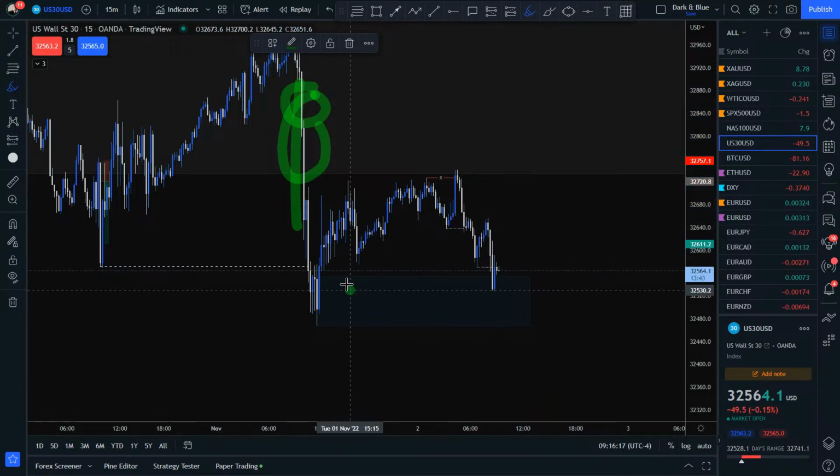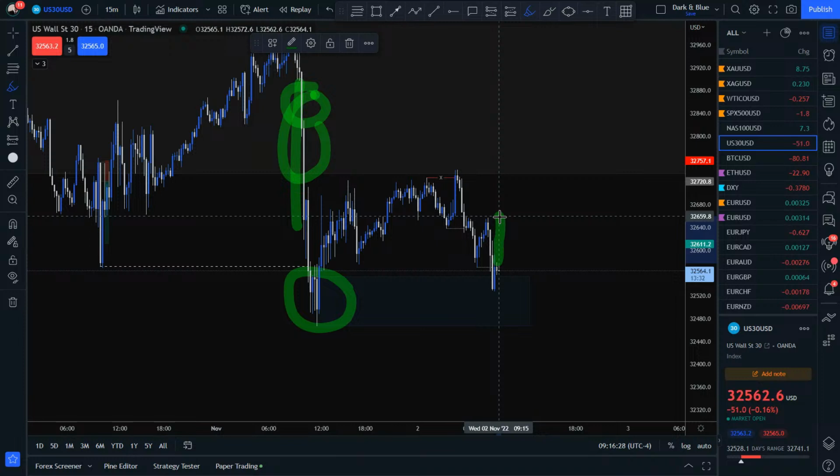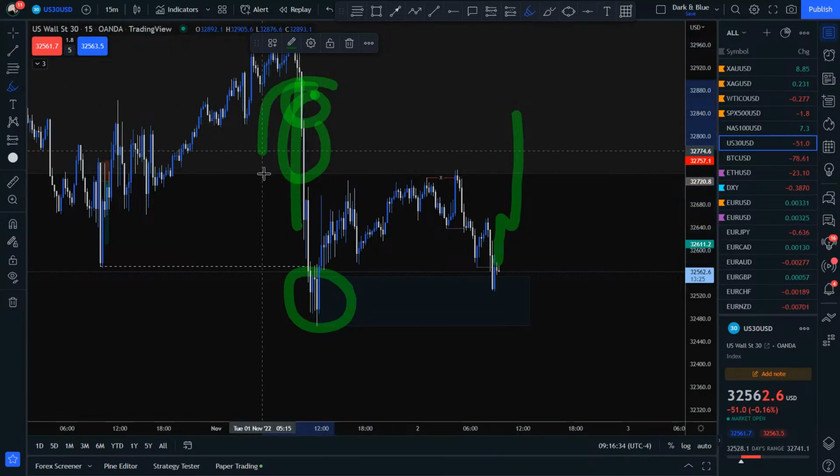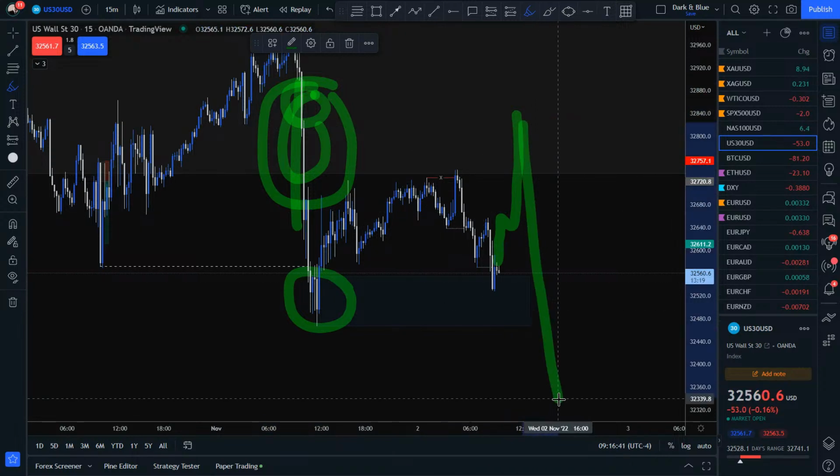So if price doesn't take this out, we have to think on the open, there's going to be a strong introduction of volume. Could that volume push price into this fair value to rebalance it and then come down? If we're in a bearish scenario, that's what I'd be looking for.